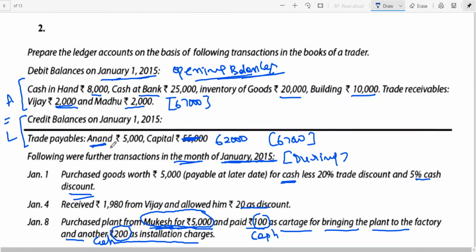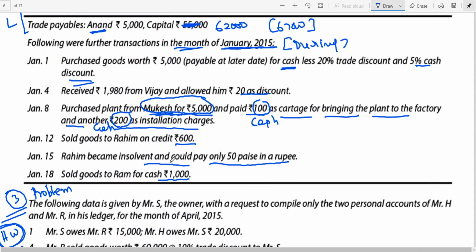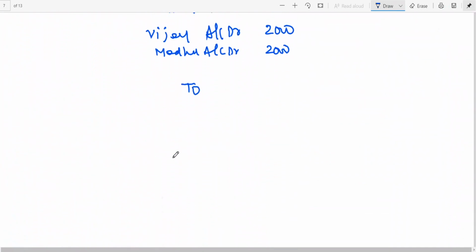Then next, the credit balances. Anand 5,000 capital.